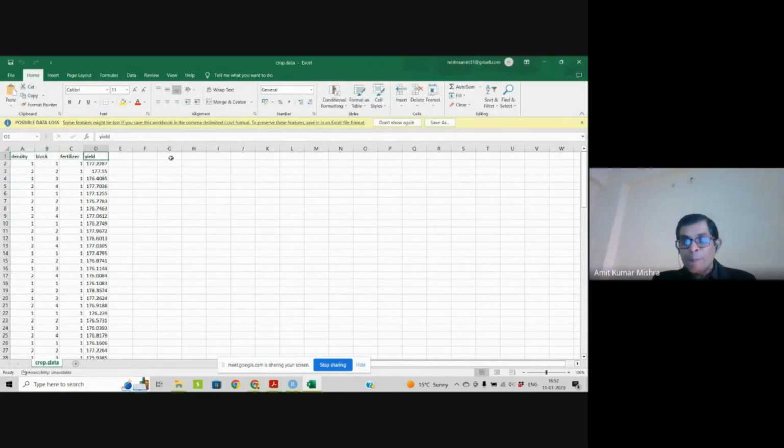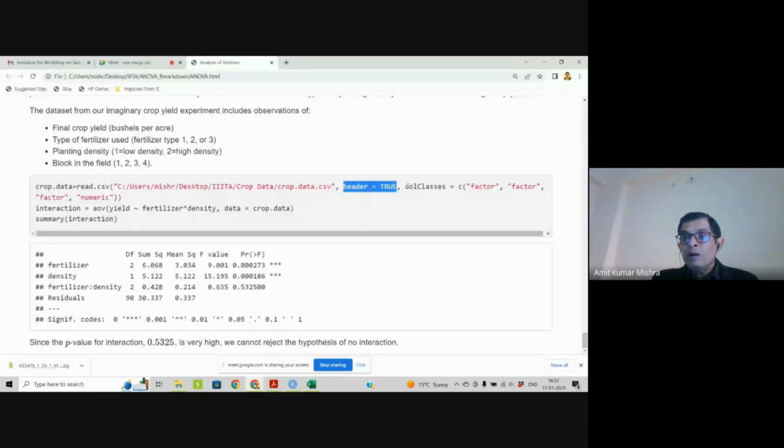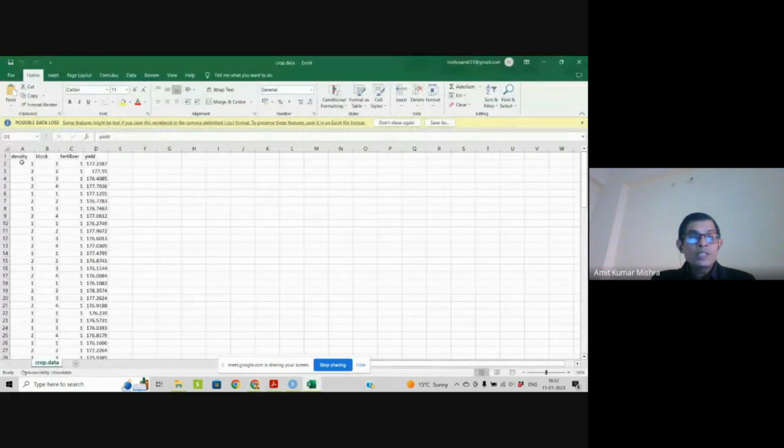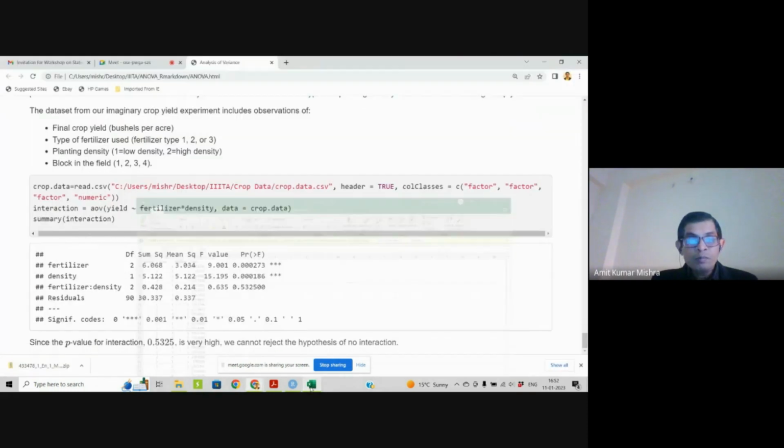It has given the names. Then colClasses: factor, factor, factor and numeric. Why? Because first is density, which is a factor, block is a factor, fertilizer is a factor, and yield is the numeric value.